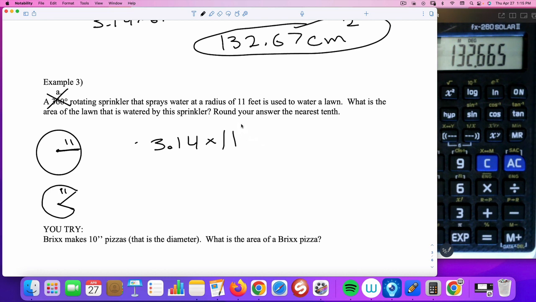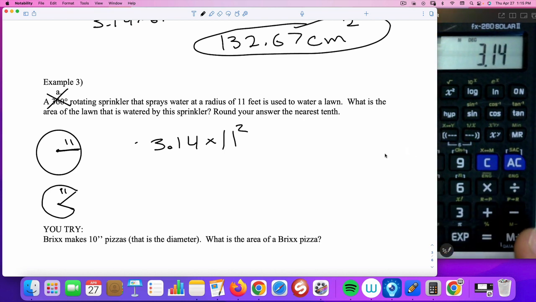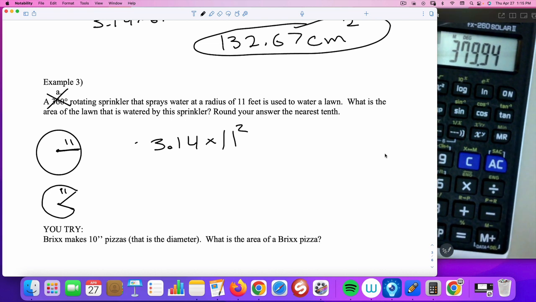Multiply it by 11 and then square it. Practice with your partner. See if you get the same number. If not, check your blunder, please. 3.14 times 11. You do. It's already there. Is it 379.94? 3, 2, 1. What's my answer? Milo.